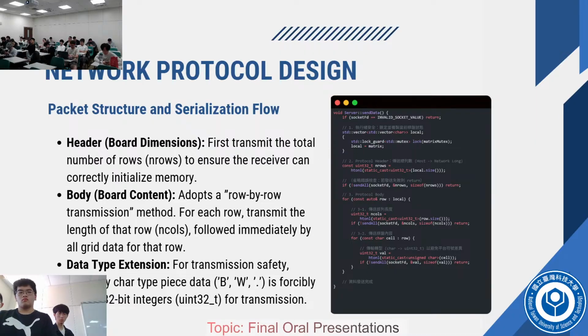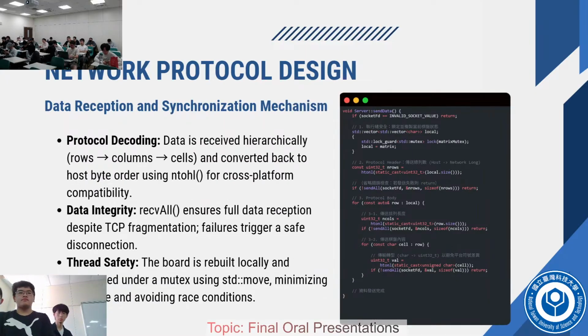Dot means that you haven't placed any piece yet. We use 32-bit integers to avoid the problem of different platforms having different integer sizes. Then we transmit it, and we abstract the TCP part so we know that every single piece of data was actually transmitted, and the transmitter can know that it's fine, with no major failures.